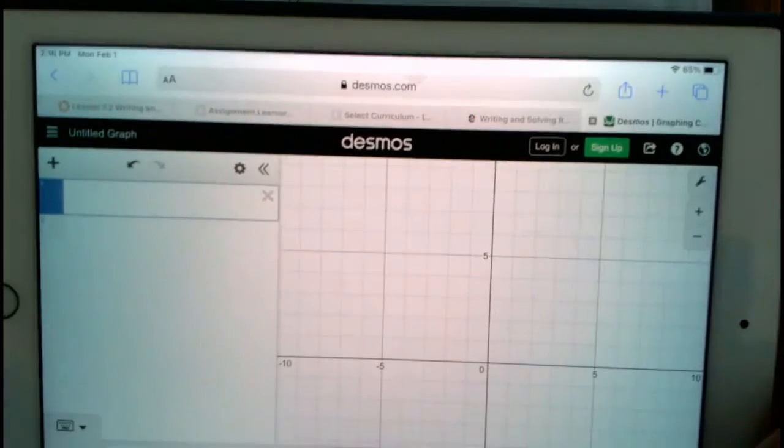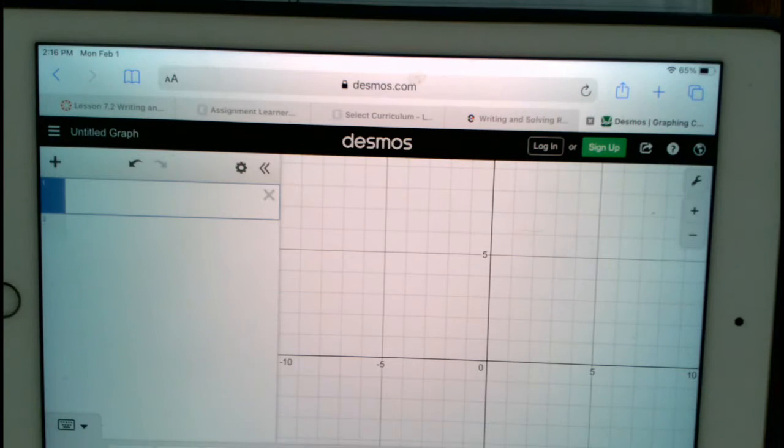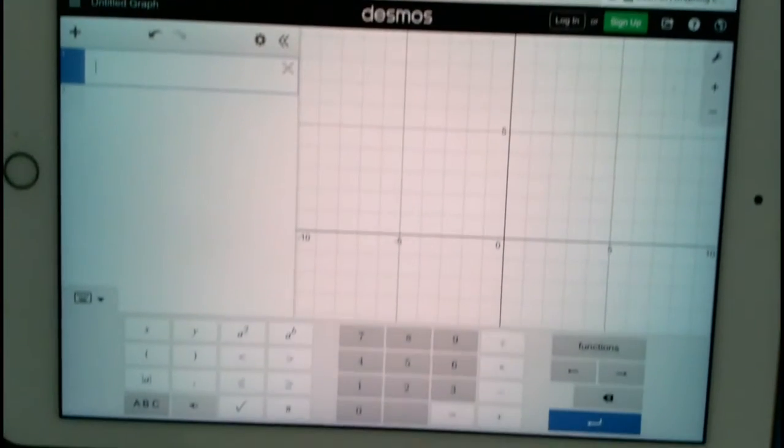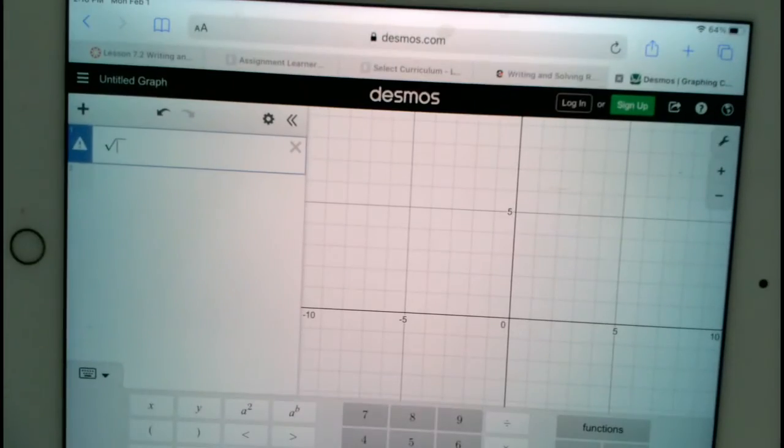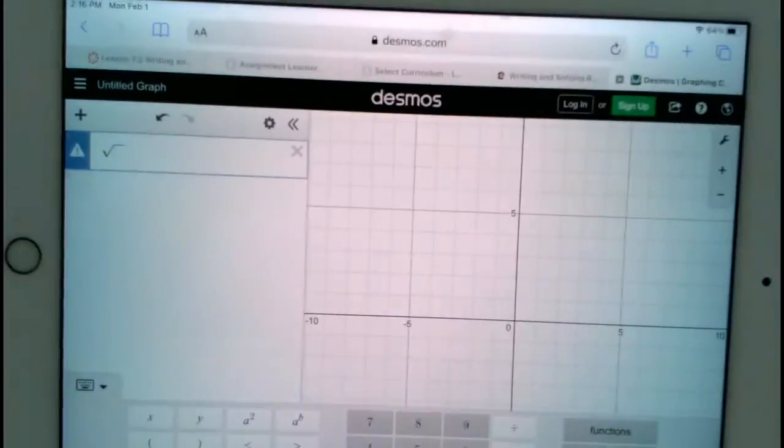But here's Desmos. The problem was the square root. So again, when we look down at the bottom of the screen, the first answer that we found was x equals 2.